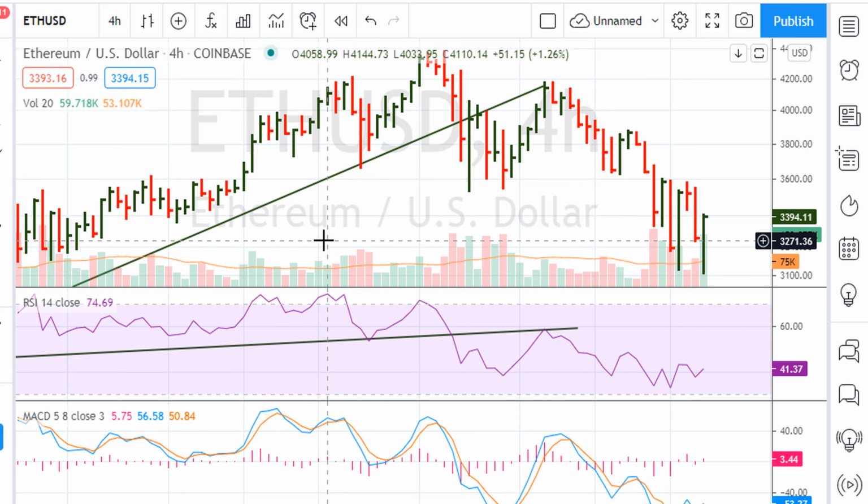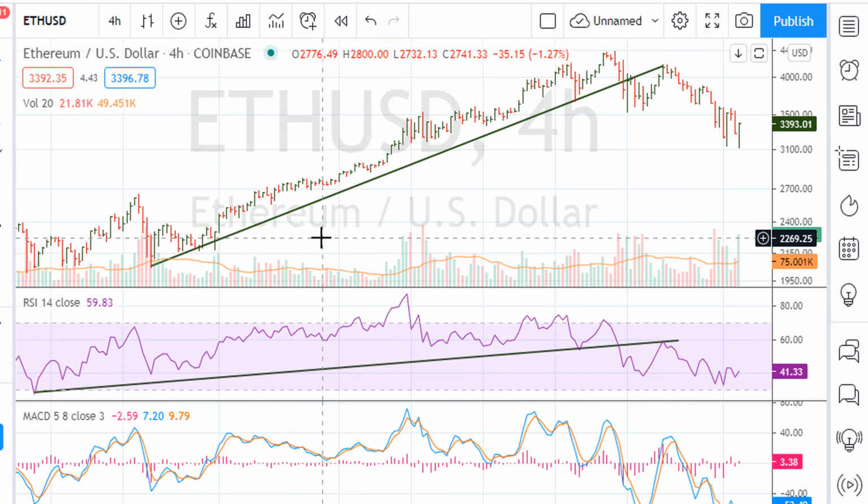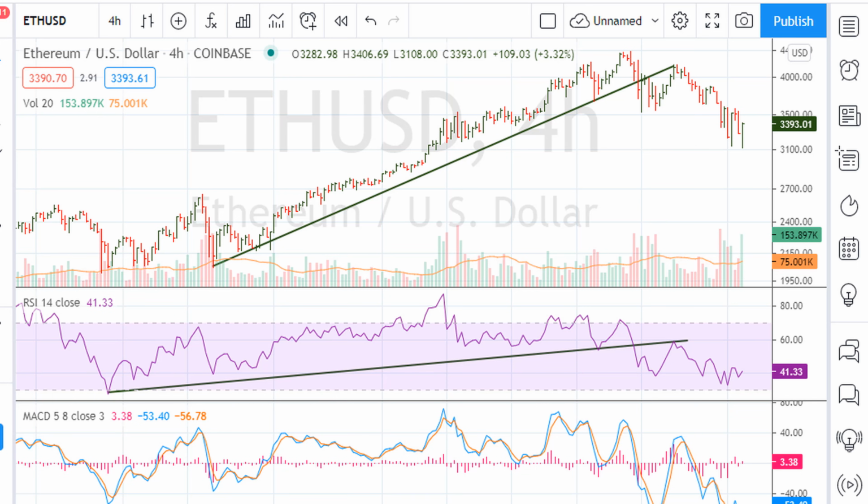So we're going to pull back, add more time. Here we go. All right, so you can see here the price channel comes from the lows on a 4 hourly closing basis. We broke down there.